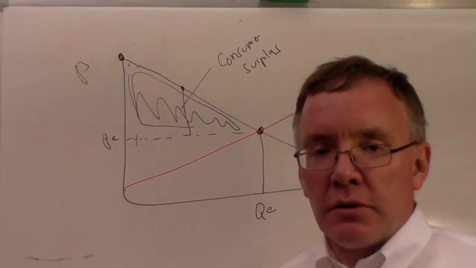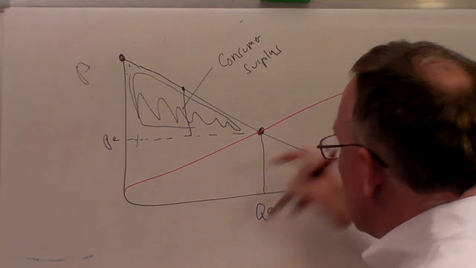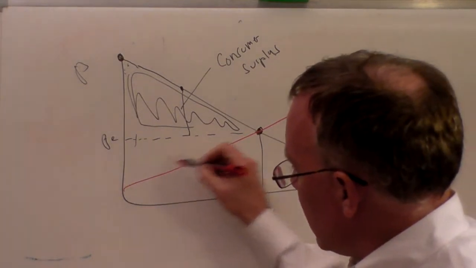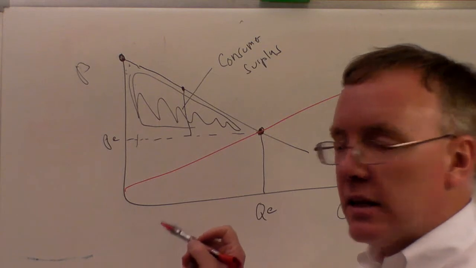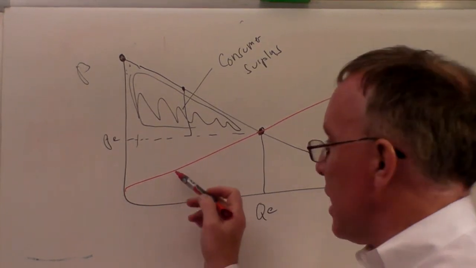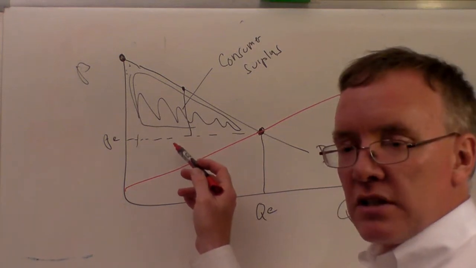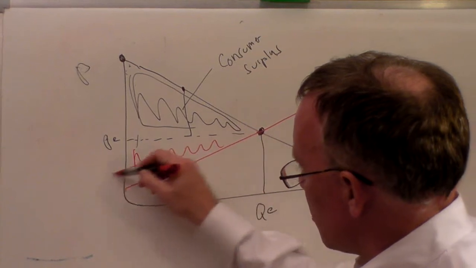We determine the equilibrium quantity by where those two lines intersect. But again, at every point along the supply curve, there's some quantity that would have been sold at that particular price, and if the actual price is higher, then the difference is what we call producer surplus.